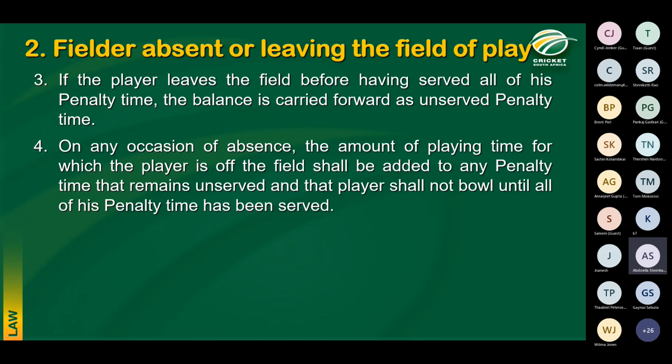How did I get to 20 minutes? At 11 o'clock when he returned, he owed us 30 minutes. Now Johnny fielded for 10 minutes. So at 10 past 11, when Johnny left the field for the second time to have his knee looked at, Johnny owed us 20 minutes. So I took the 30 minutes, and because he fielded for 10 minutes, I subtracted the 10 minutes from the 30. So when Johnny left the field for the second time, Johnny owes us 20 minutes.